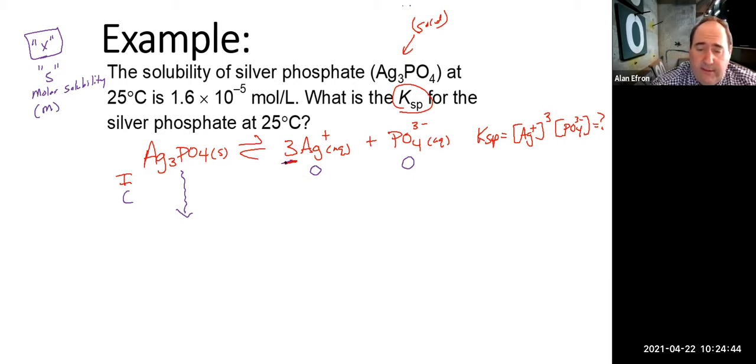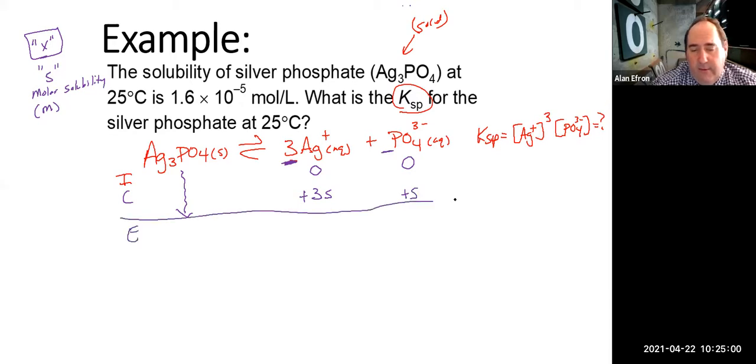We still need to take the coefficient into account, which is important. So this would be plus 3S. Again, 3 for the coefficient, S for the molar solubility. And this coefficient is 1, so this would be plus S. Bringing us to equilibrium here, again, not worrying about this guy because he's solid all the way through, giving us 3S and S. Any questions on that there?